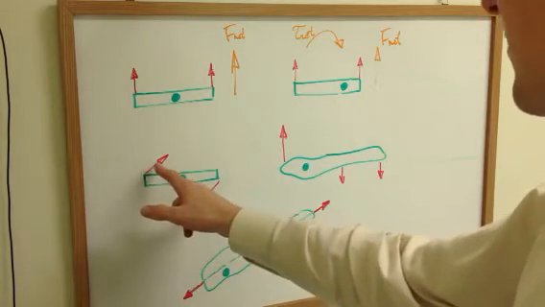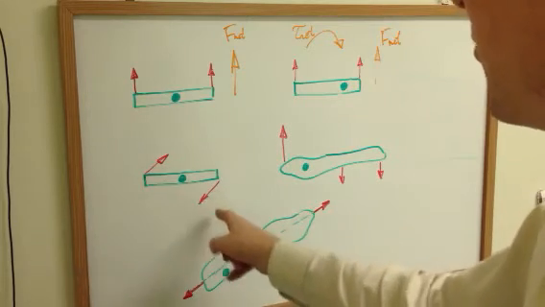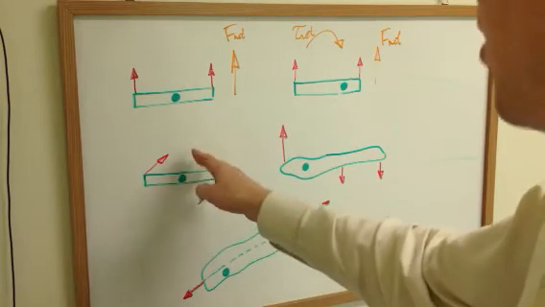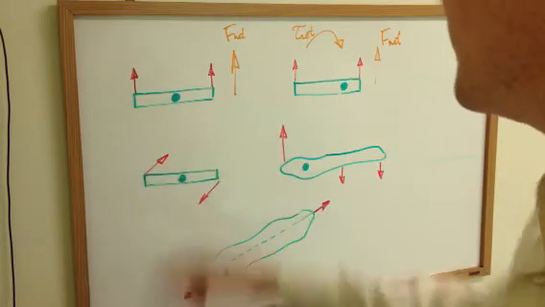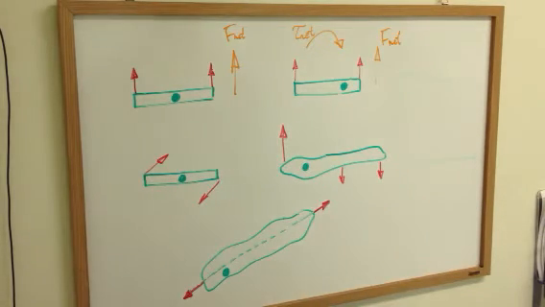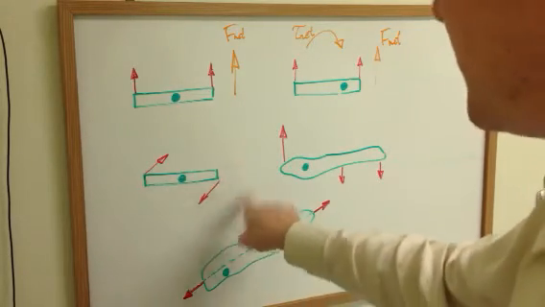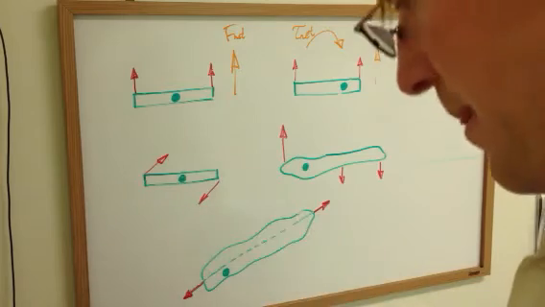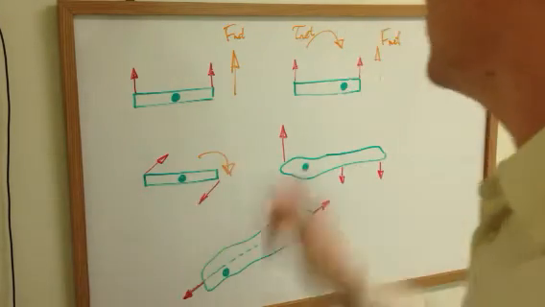Let's look at this. There's two equal and opposite forces. These two forces cannot move this object because they're equal and opposite. So this thing isn't going anywhere. But both of these are twisting in the clockwise direction, so there is a torque.